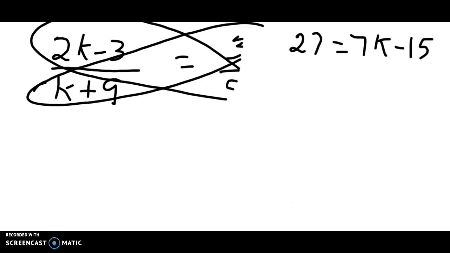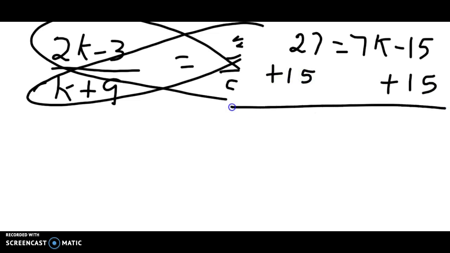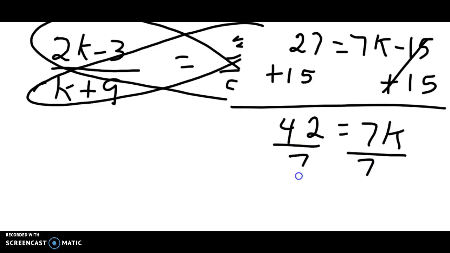And then we're going to add 15. That cancels. You've got 7k over here. 42, 27 and 15, divide by 7. And k equals 6.